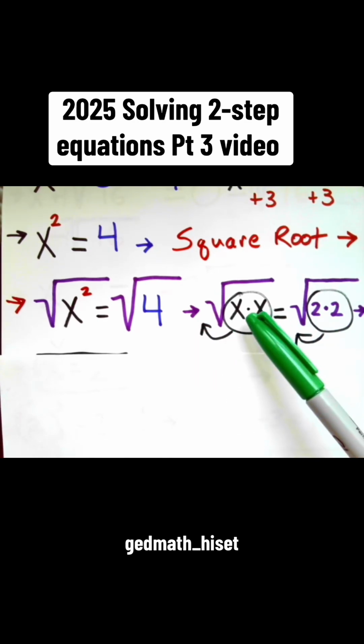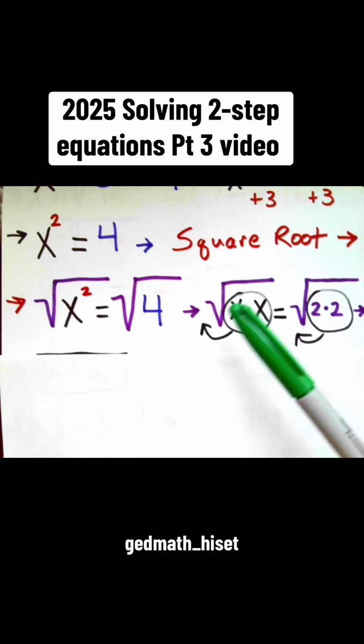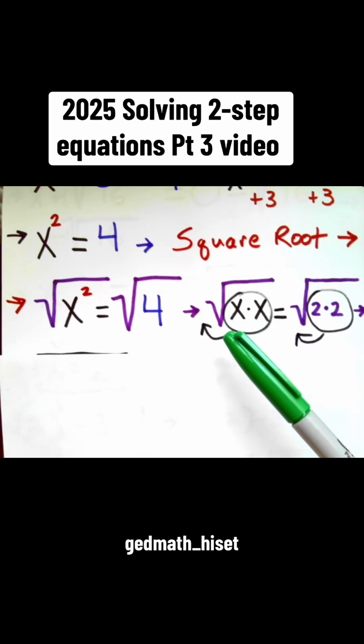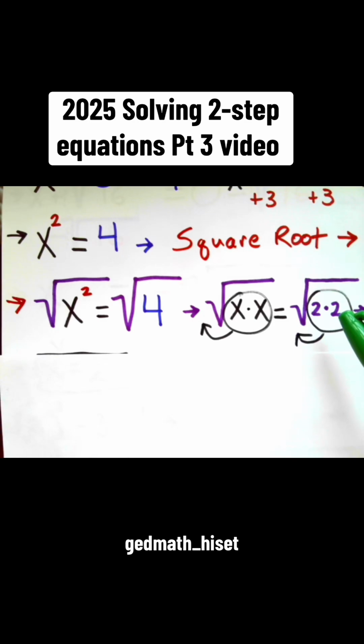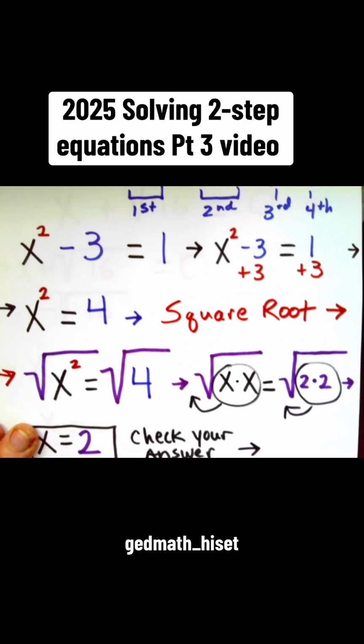I have two x's. That's a perfect pair. I can pull one x out, and then there's nothing inside the radical. It disappears. I have a pair of twos. I can pull out one 2, and the radical disappears. X equals 2.